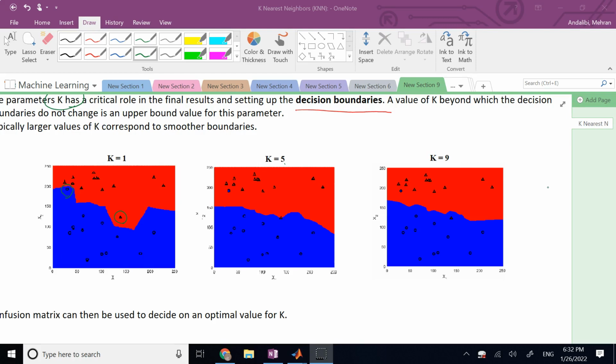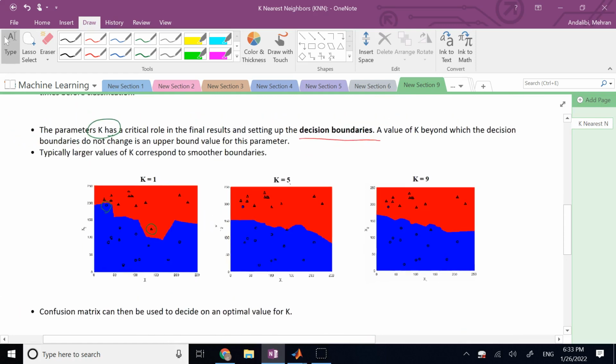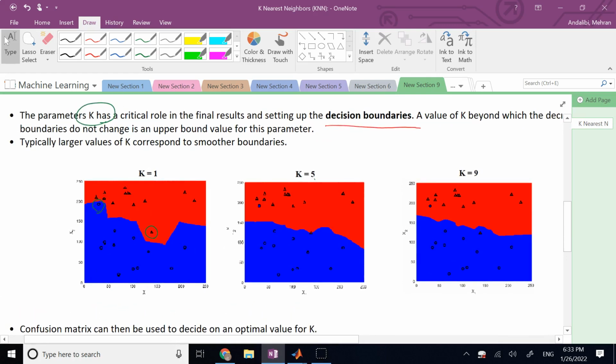The second thing is when K gets larger, your boundaries get a little bit smoother, okay? And that's another thing that I mentioned here, because when K gets bigger, basically you have a lot more data, and many of this data would tend to cancel each other's vote. So the final vote that you get is like an average vote of a bunch of data, not just a few select data.